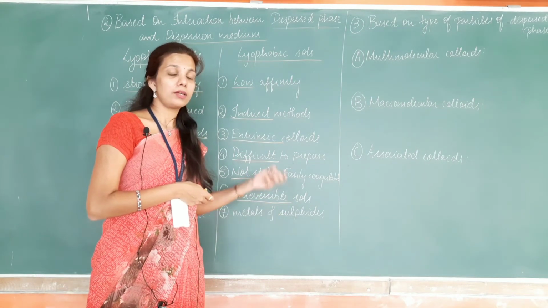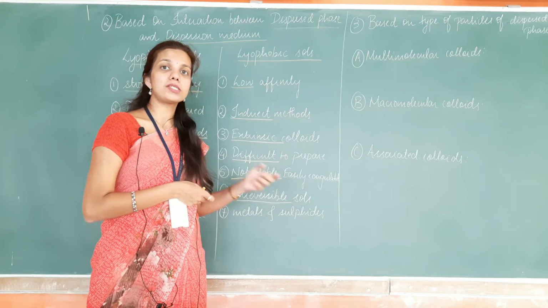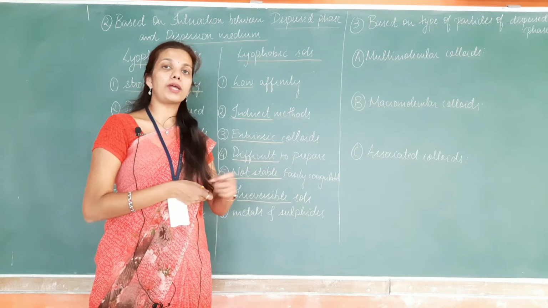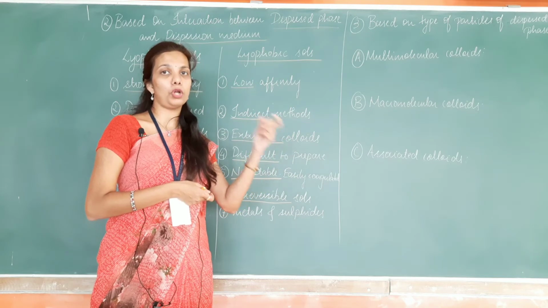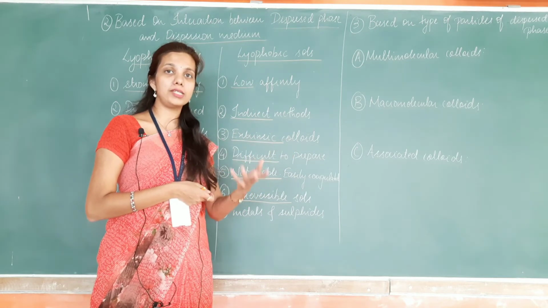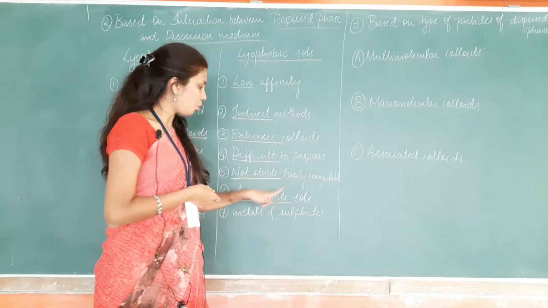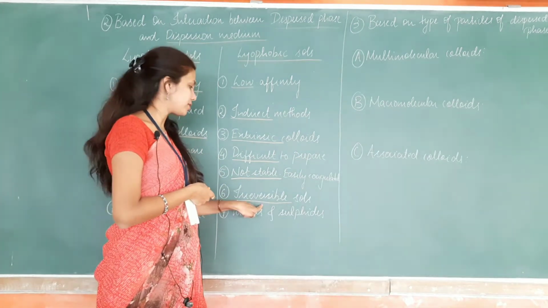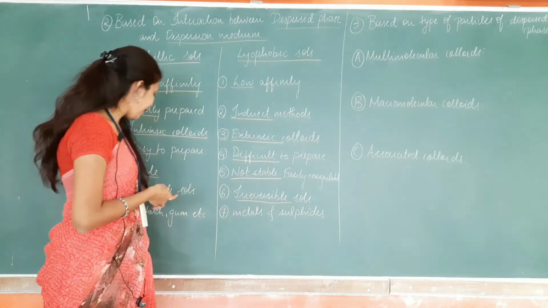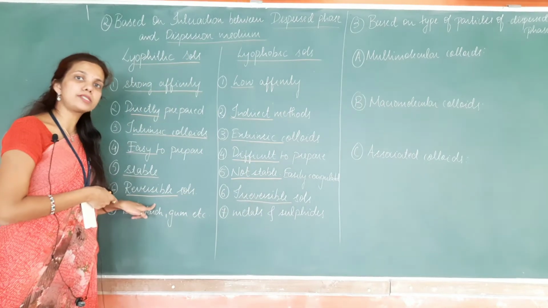Whereas lyophobic salts are irreversible in nature, meaning that since these are easily coagulated, easily prepared, easily precipitated, once the precipitate is formed, you cannot get back your colloidal solution. It is not easy just by shaking to get your colloidal solution. So they are stated as irreversible salts, whereas lyophilic salts are reversible salts.